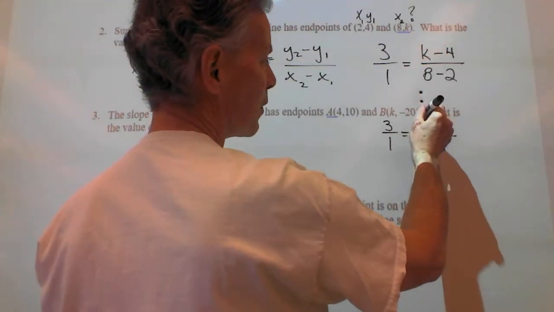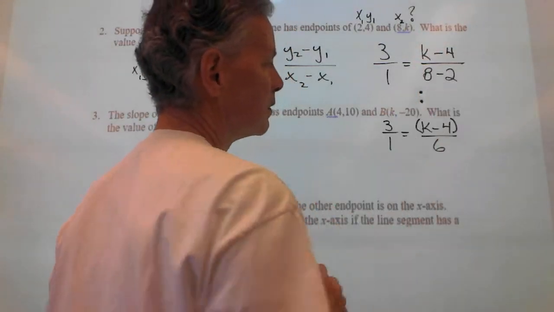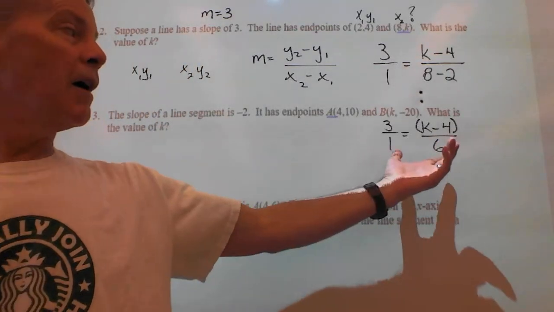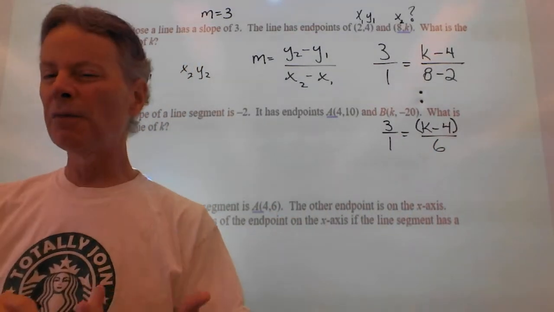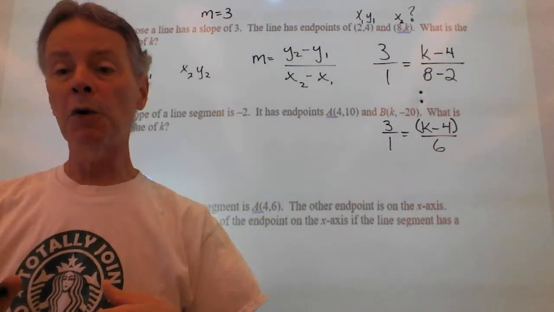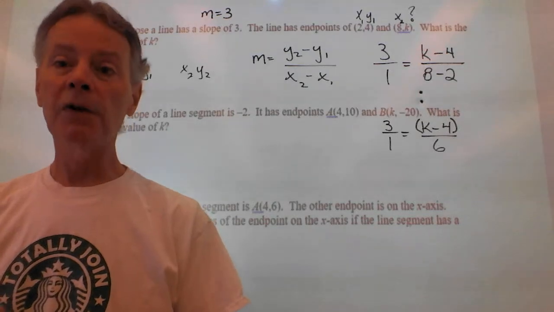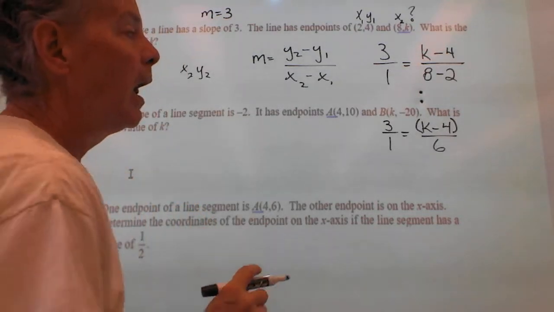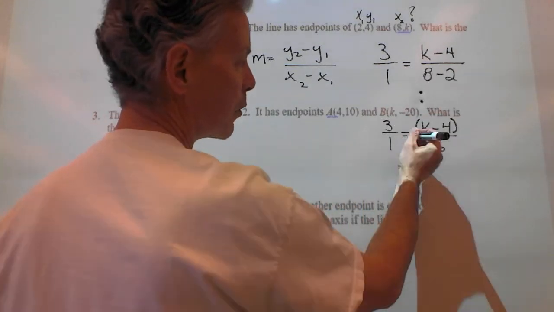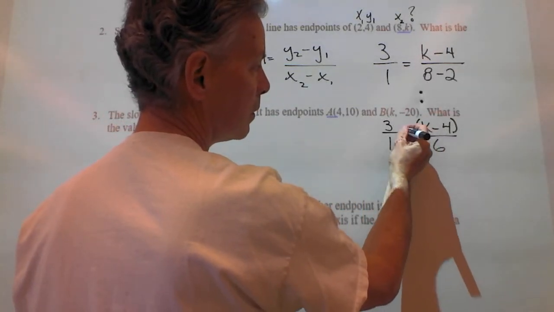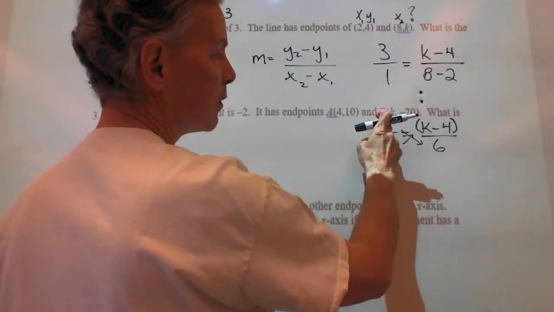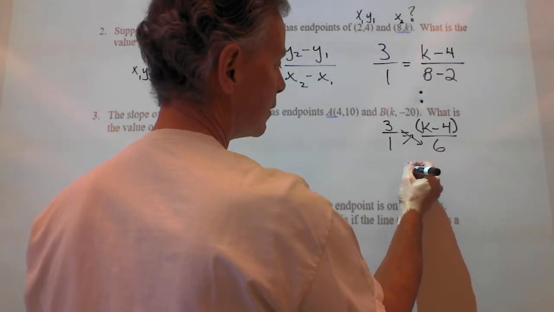And I'm just going to put brackets around this just to show you what the next step is going to look like. So what we have here, you should maybe be familiar with from the measurement unit. What we've got here is a proportion. Remember how you did proportional reasoning in the measurement unit? And remember, to solve for an unknown, if you have a proportion, at this point, we cross multiply. Okay? So we're going to multiply 3 times 6.